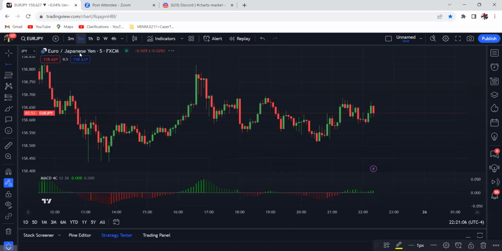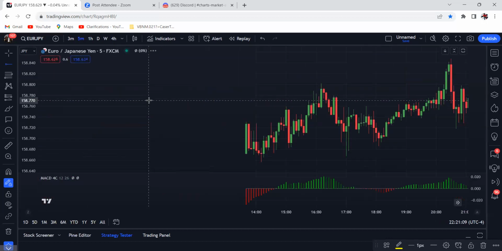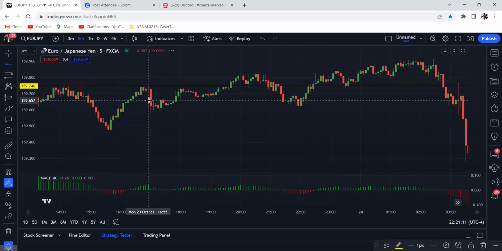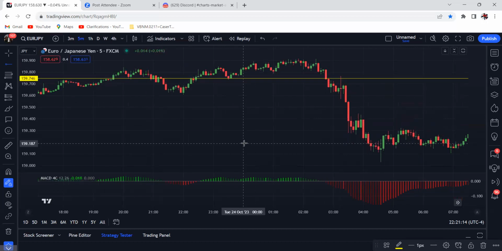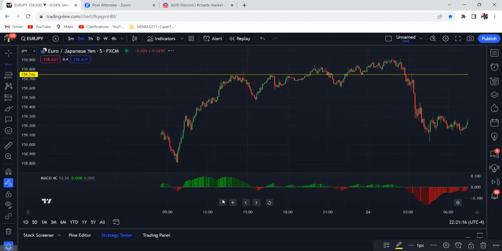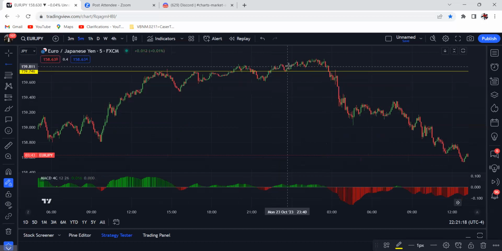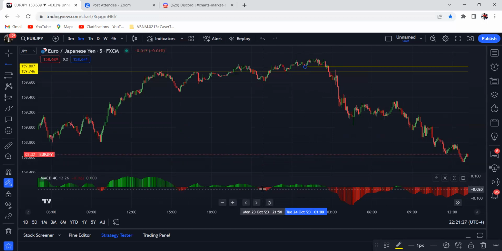So of course, I want to look for that reversal. If that downtrend is going to happen, it's going to come on the smaller time frame first. So now I can do one of two things. I can look at basic price action and change the character here. If I wanted to add in the MACD, my change of character would be right here.